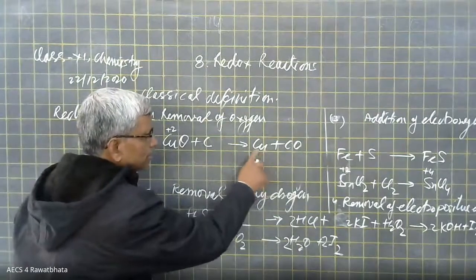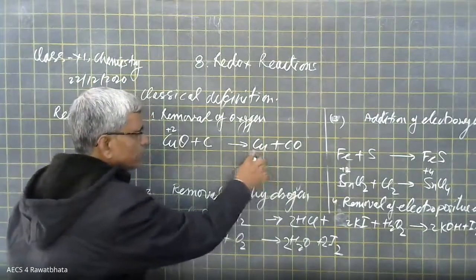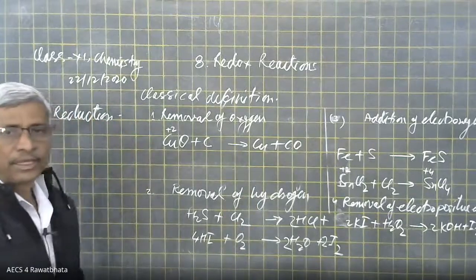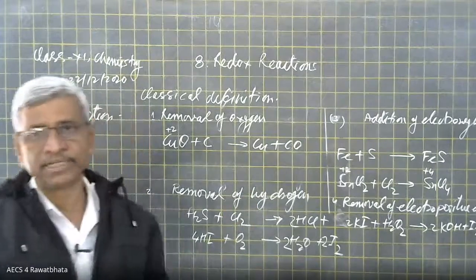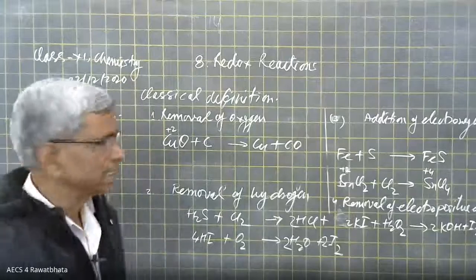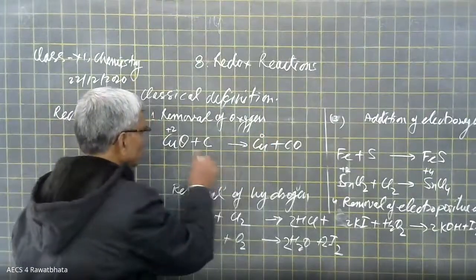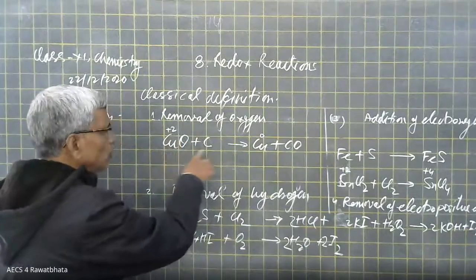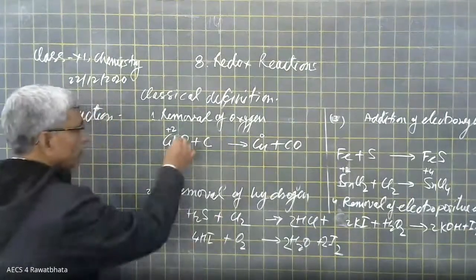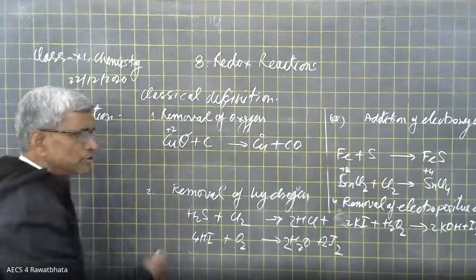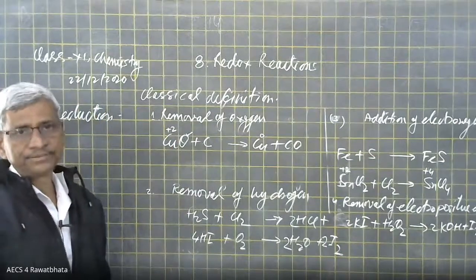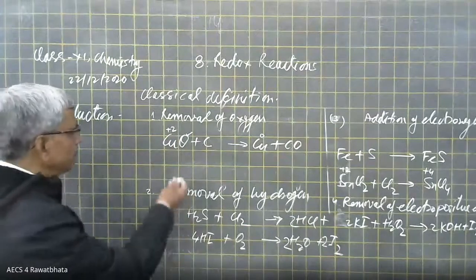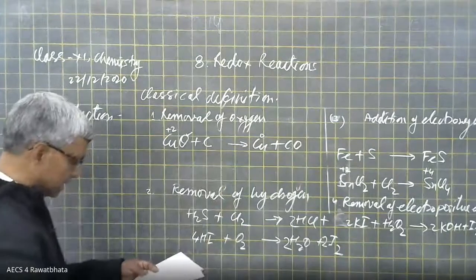What is the oxidation state of copper metal here? An element's is 0. Yes, beta, an element's oxidation state is always taken as 0. So copper is going to reduce from CuO to Cu. Here removal of oxygen is going on. That's why it is a reduction reaction. This is one way to explain this reduction process.